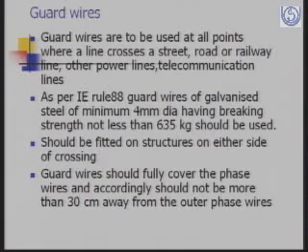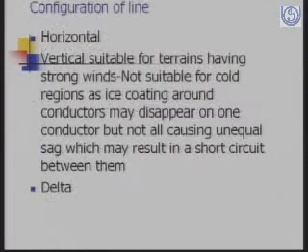Guard wires should fully cover the phase wires and accordingly should not be more than 30 centimeter away from the outer phase wires. So basically the guard wires are so that no phase conductor falls down.